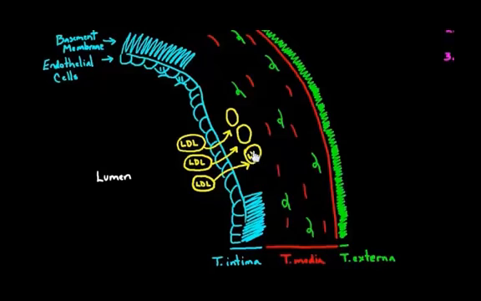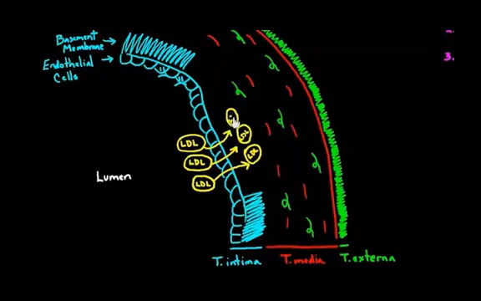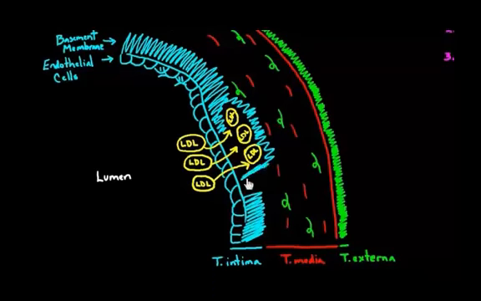I'll just write LDL here, just so you know what we're talking about. So you have all these little molecules of LDL, which again, bring with them a lot of fat and cholesterol, and they're all now in this tunica intima layer. Let me make sure I make that very clear. All within this layer of tunica intima. So they're not usually there, and that's step 3.